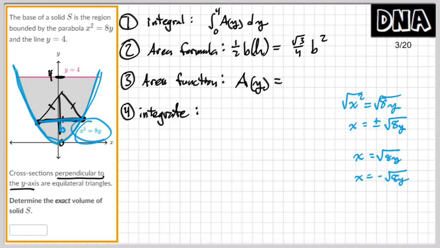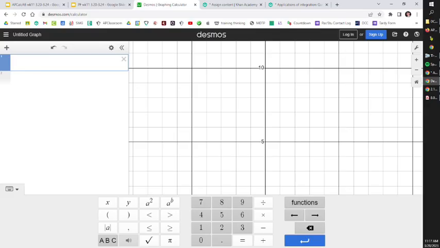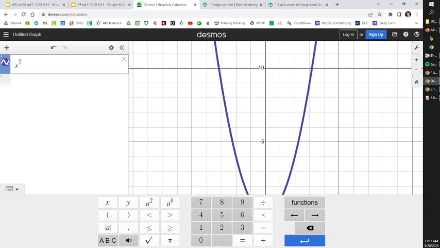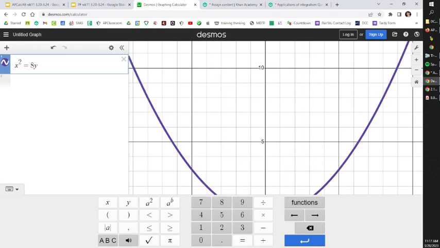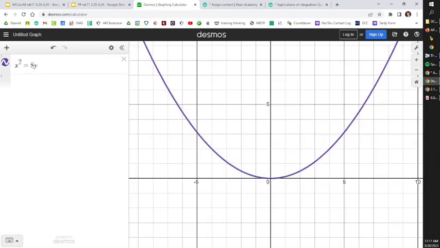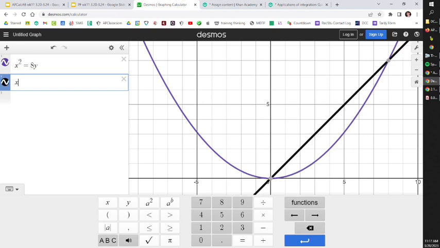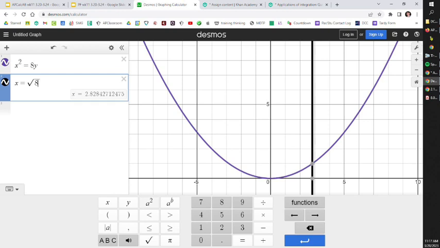Why? So quickly, I'm going to throw this into my graphing calculator. It was x squared equals 8y. Okay, so here's the equation. It's a parabola, all right? It goes like this. Let's plug in what we got. We got x equals square root of 8y.